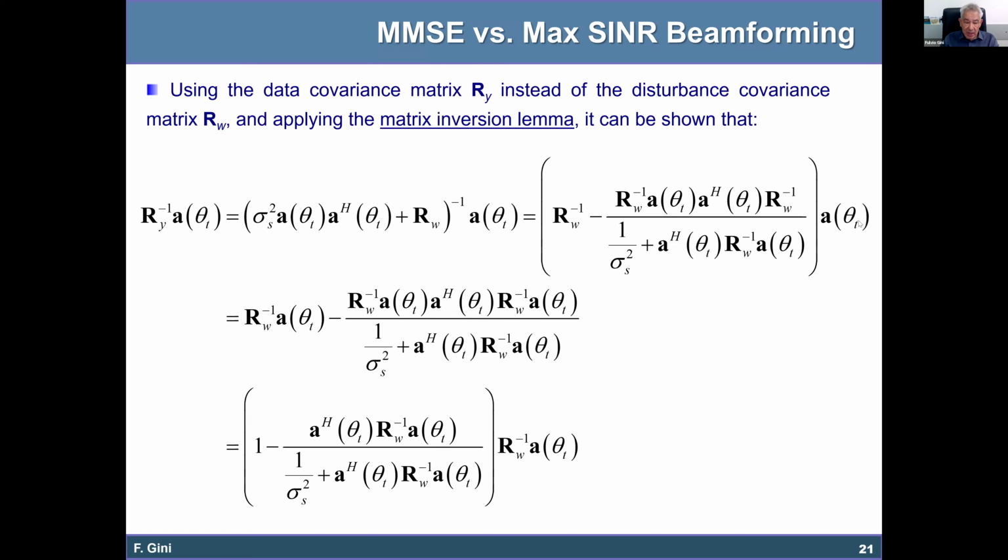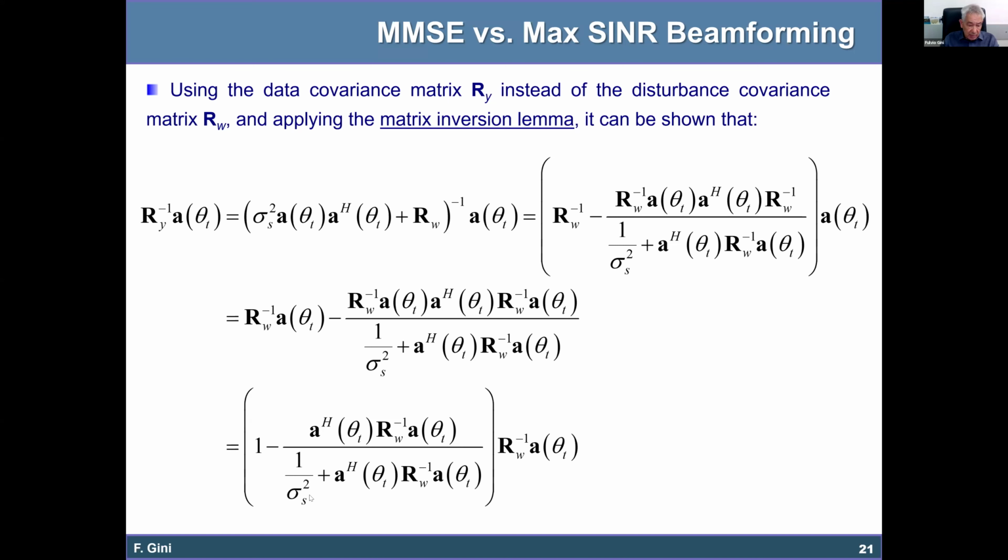Then you multiply by A, so you get Rw inverse A minus, when you multiply this by A, you get this, okay? Now you can put this in evidence because you have this term here and here. So you have 1 minus this constant. This is a scalar, because A Hermitian Rw to the minus 1 A is a scalar, and the denominator is a scalar too.